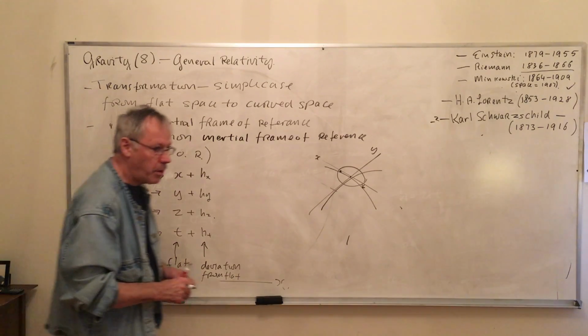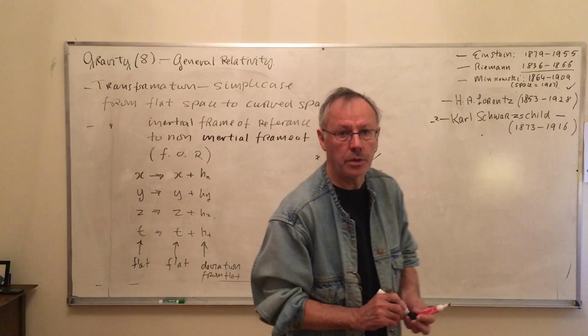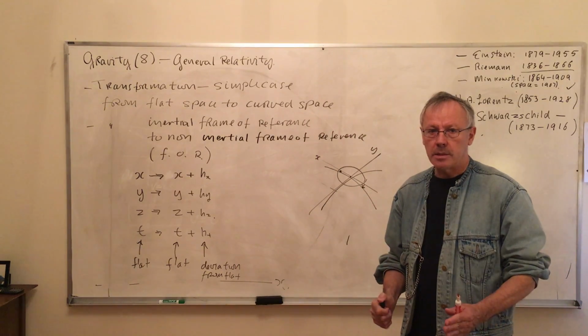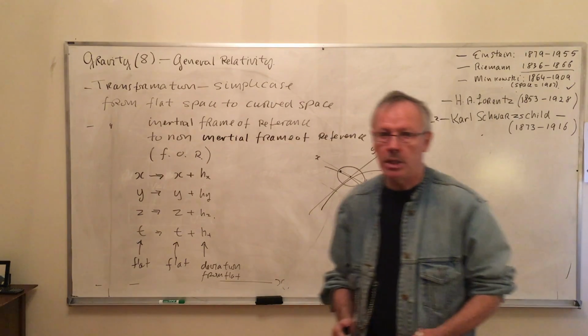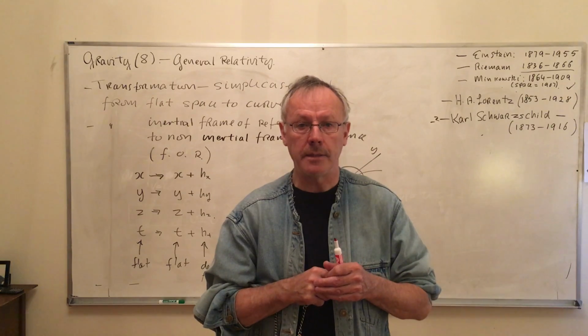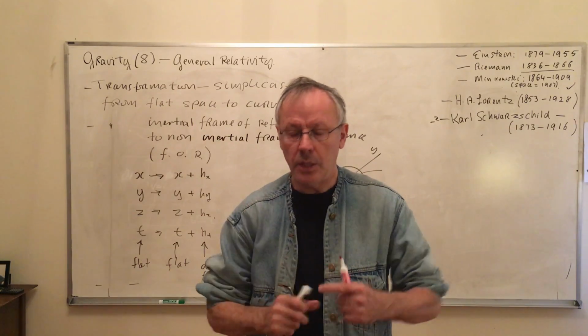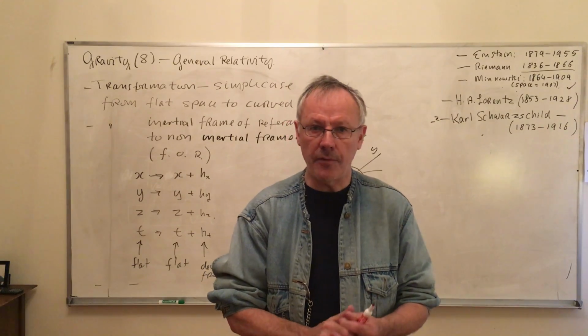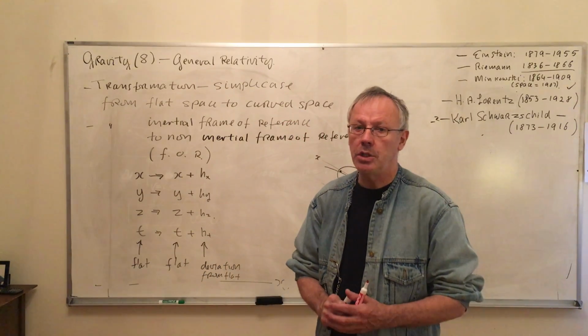Here is the most important thing as far as I'm concerned with regard to general relativity. We can always choose, I'll say this really strongly, a set of coordinates which are locally flat. In geometrical language, we can always choose a set of coordinates which locally are geodesic.